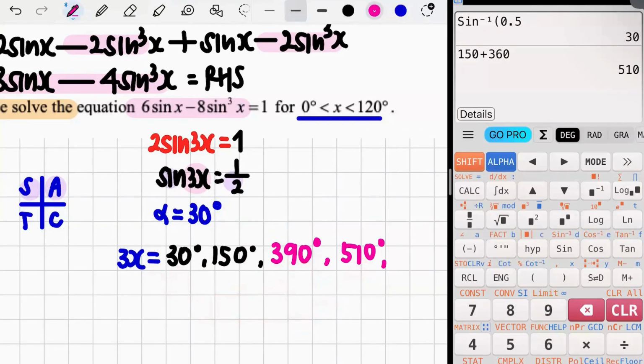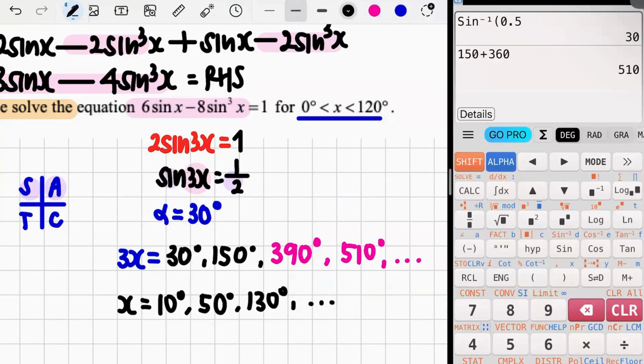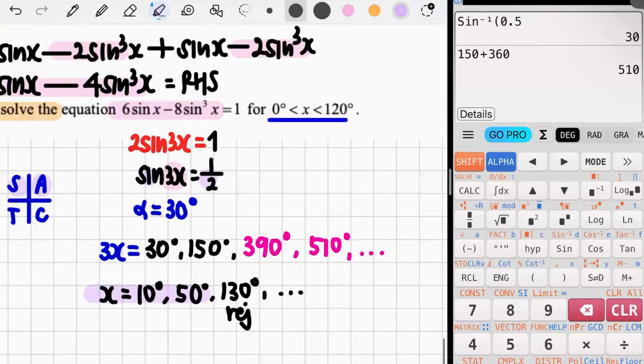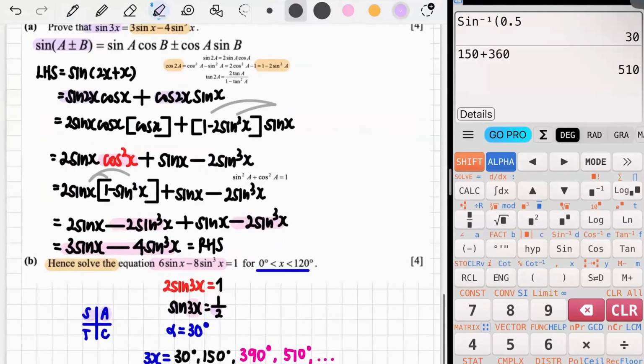So there are many more answers. What I want is to find x now. So I got 10, 50, 130, and so on. But I only want until 120. So it's a good habit to check. At the end of the day, this one is rejected. So my final two answers are these, and we are done. 4 marks, quite kind one. Very nice, not too difficult also.